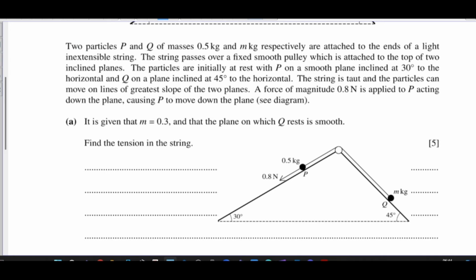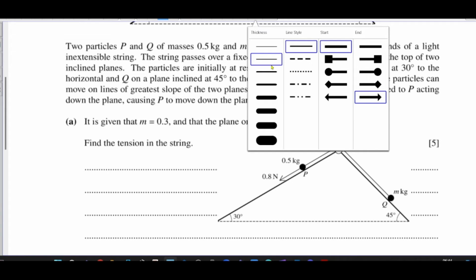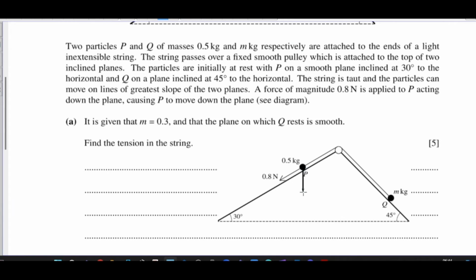So two particles, P and Q, of mass 0.5 and m kilograms are attached to the ends of the string. So I'm going to draw the forces acting on P and Q. If we think about P, the forces acting on P would be the weight of P, which always acts vertically downwards. And also you've got the force pulling it down, which is already marked. Then you have the tension in the string acting, of course, upwards.